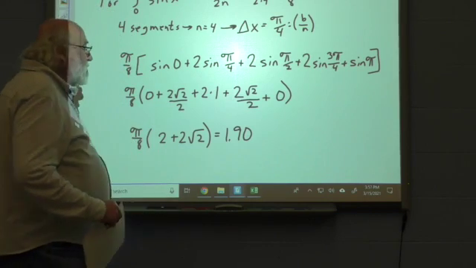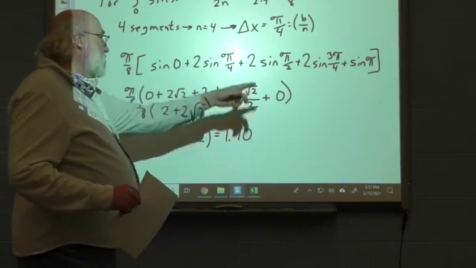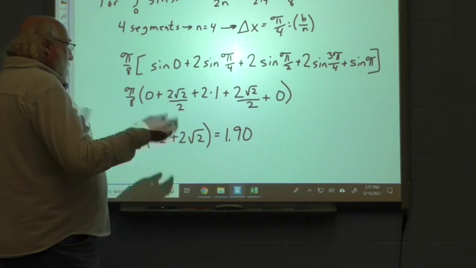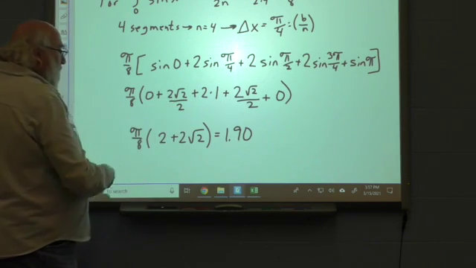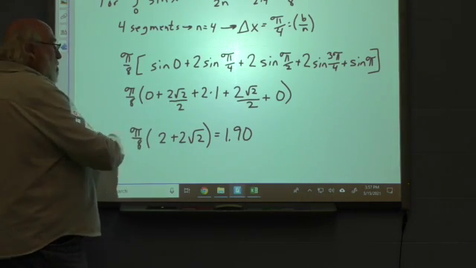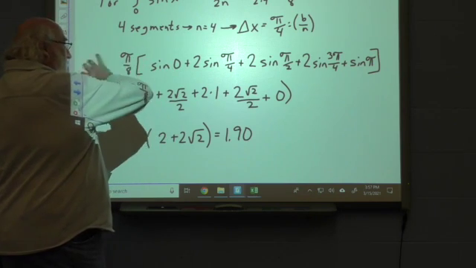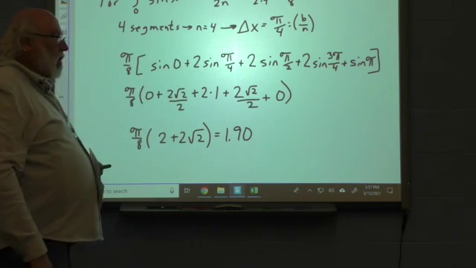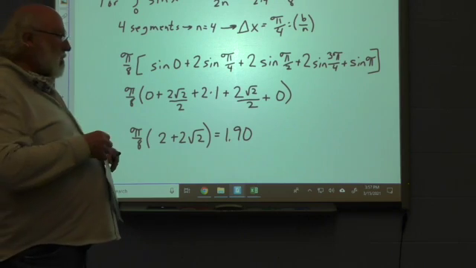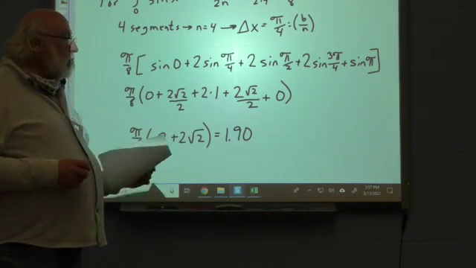And then we put the coefficients of 2 in front. You can simplify it like I did here if you want to, or you can just go ahead and hit pi over 8 parentheses, and then just go through and calculate all that. Just make sure you have all your parentheses accounted for. You should get 1.90.